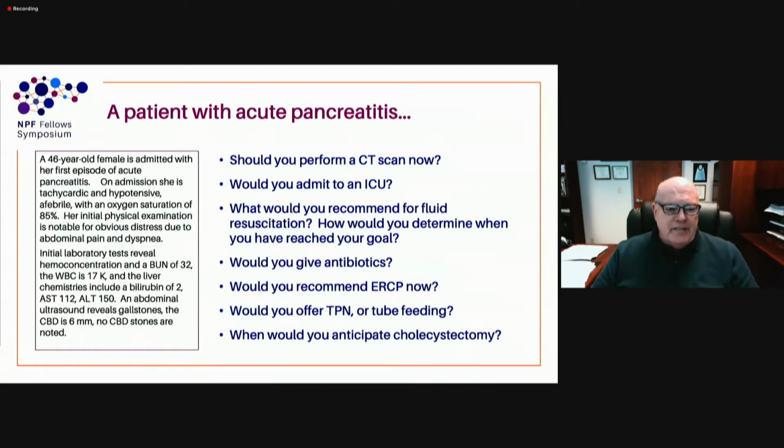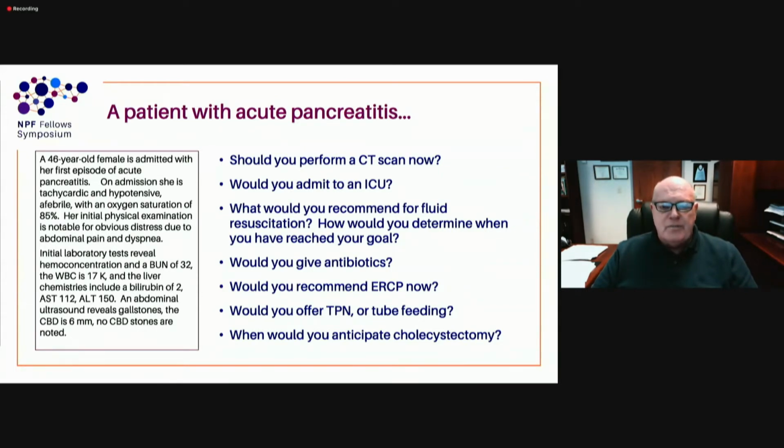And the initial lab test revealed hemoconcentration, a BUN of 32. White count is moderately elevated at 17,000. The liver chemistries are abnormal. An abdominal ultrasound shows gallstones, normal common bile duct diameter, and no common bile duct stone seen. So a patient admitted for a first episode of gallstone pancreatitis, at least moderately sick.